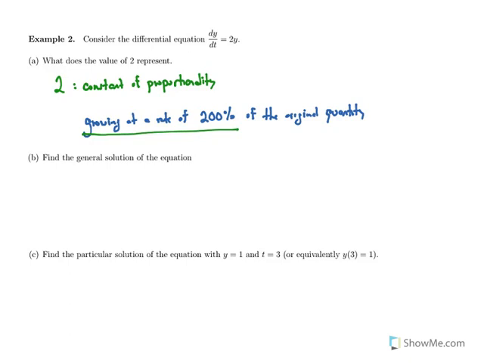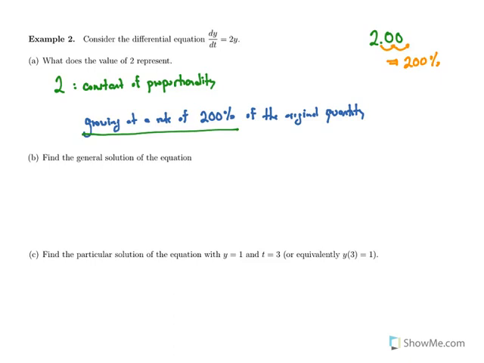Everything we're going to deal here with rates is going to be in decimal form. So 2, if we move the decimal point over 2 spots, that's indicative of a 200%. So if we had a word problem that says growing at a rate of 200% of the original population or original quantity or whatever we're dealing with, that would be our differential equation.